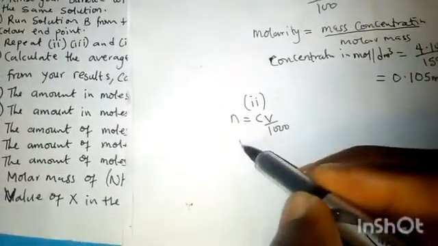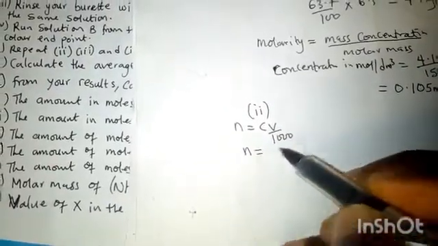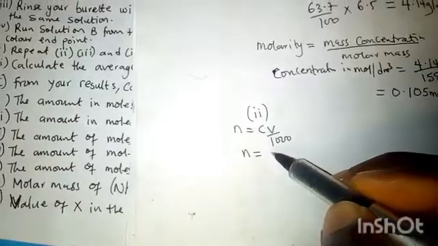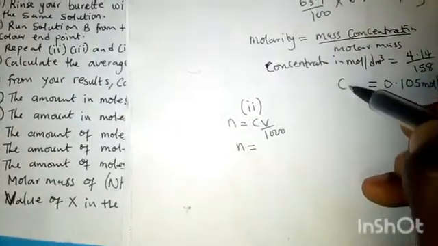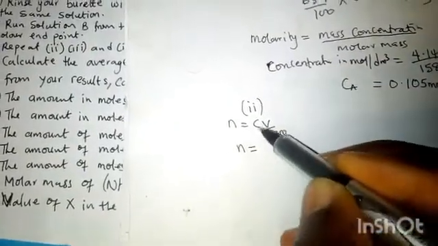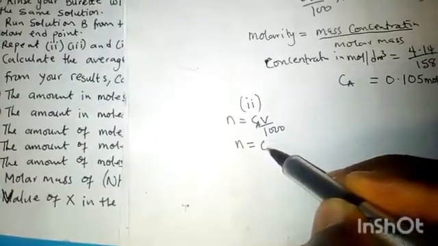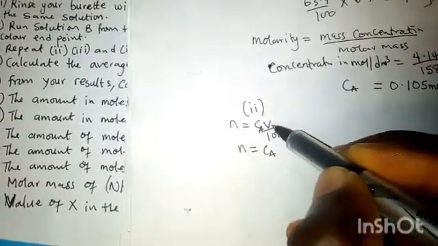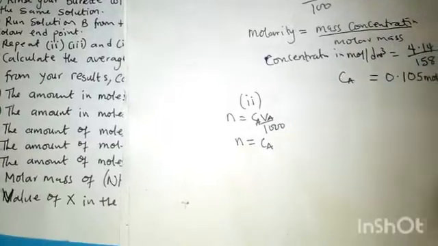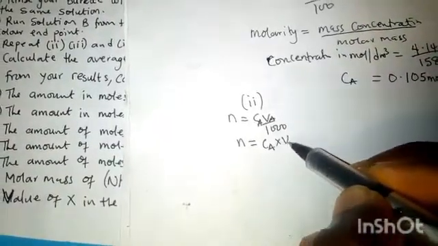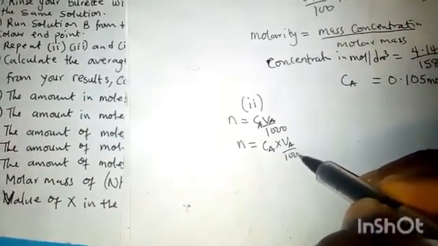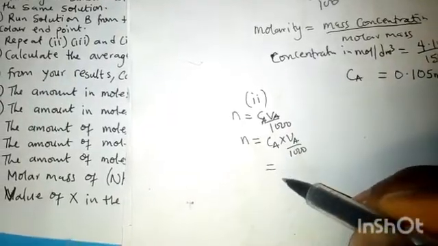So the number of moles in average titer is going to be the concentration, which we can regard as Ca, times Va over 1000.